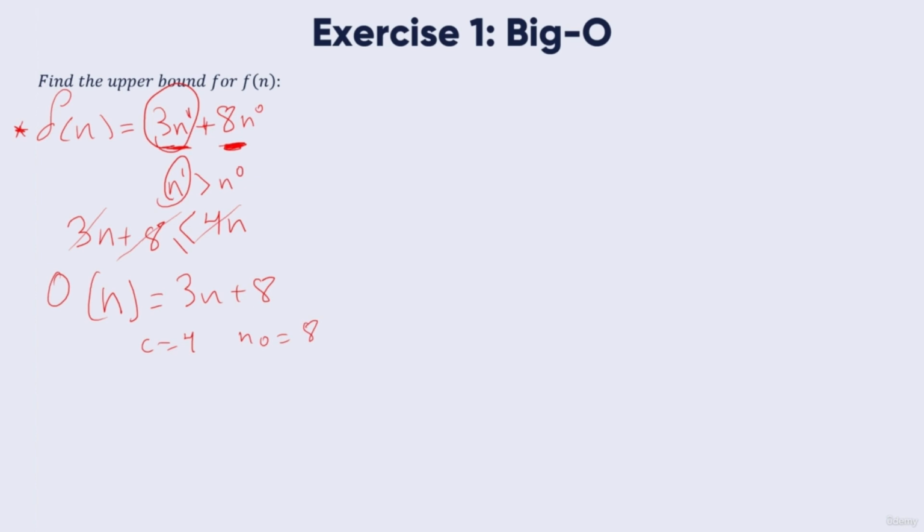This is the first example. Don't worry, we will clarify in the next exercise. If we have the second function, f of n equal to n squared plus 1. What is the highest order of this function? We have two terms, n squared and 1, which is multiplied by n to the power 0. So we took n squared. n squared plus 1 is less than or equal to 2n squared, because we add the 1 to the same order.